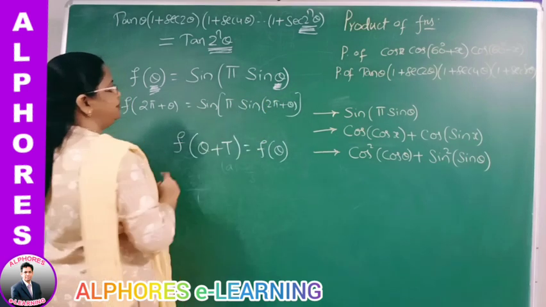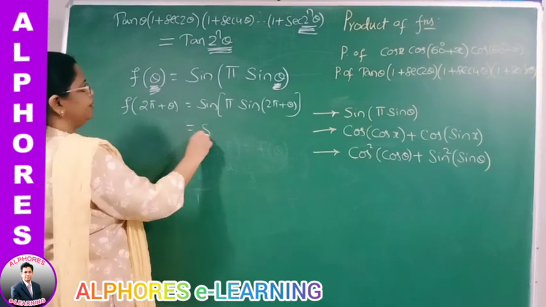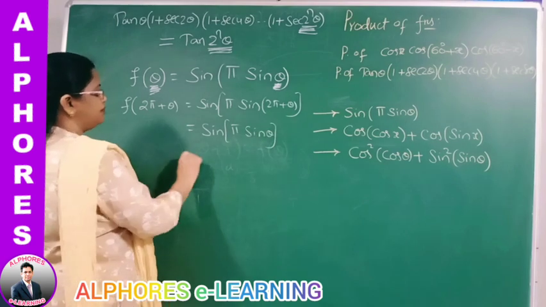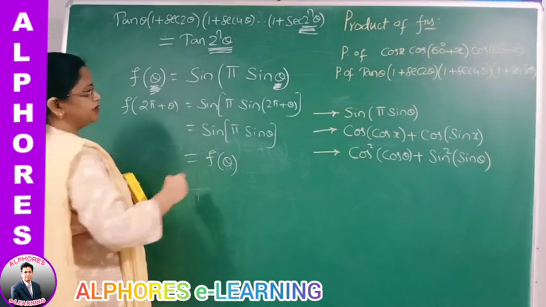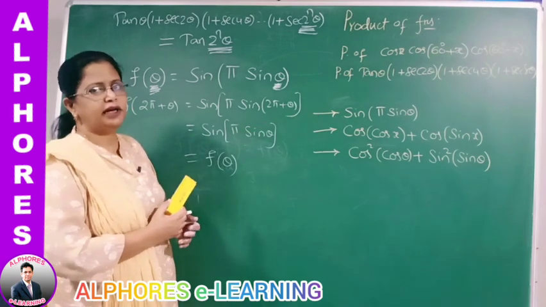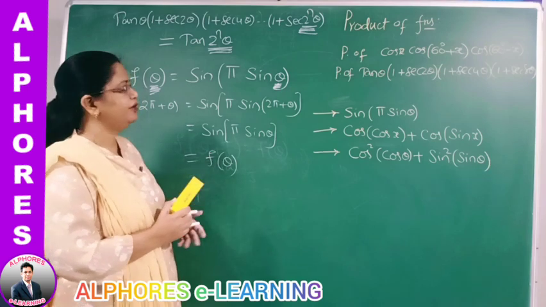And obviously you know students, it is nothing but sine of pi into sine theta. So you got f of theta. So these types of composite function problems are just based on observation, that is whether 2 pi is applicable or a still lesser value is possible.